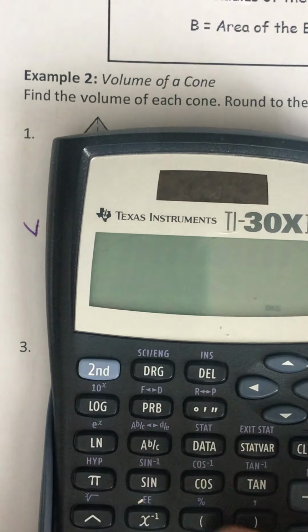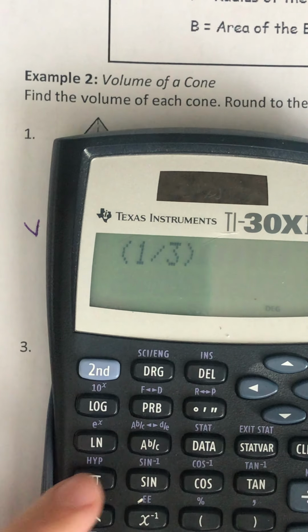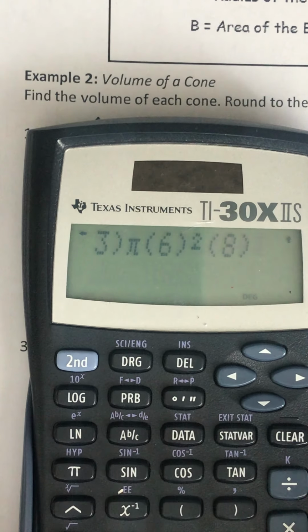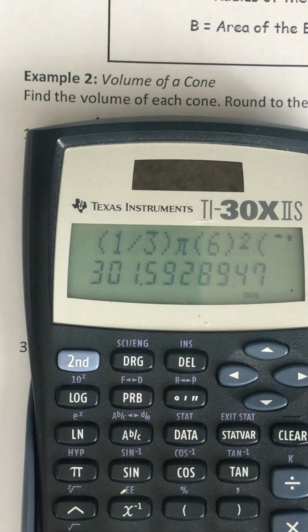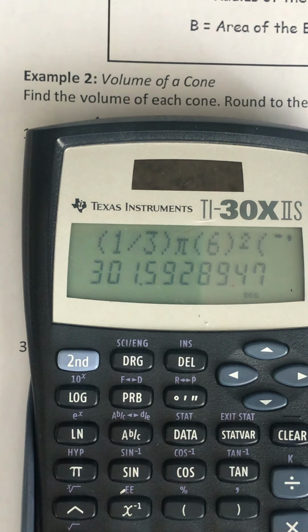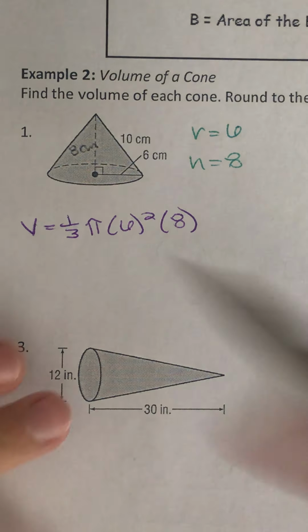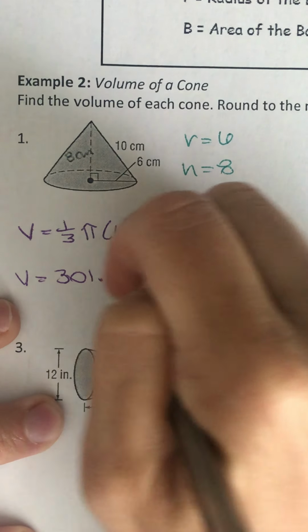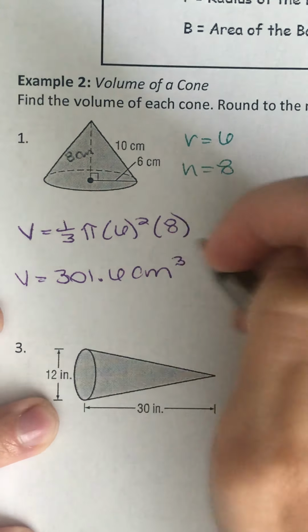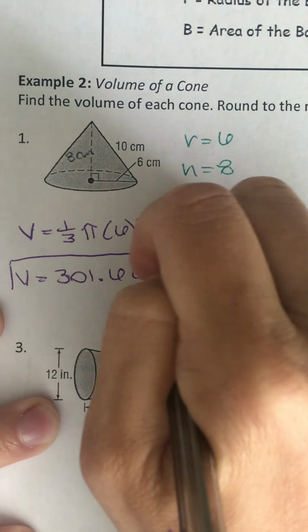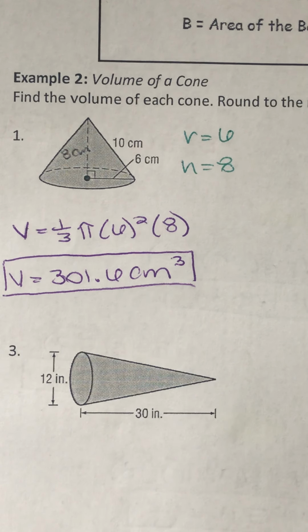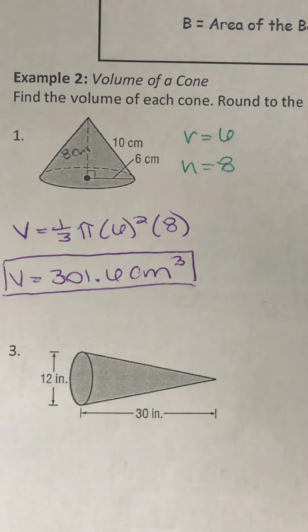I'm going to plug that right into a calculator. 1/3 pi 6 squared times 8, and I get about 301.6. And it's centimeters cubed, because again, we're still on volume. So these problems are a little less work.